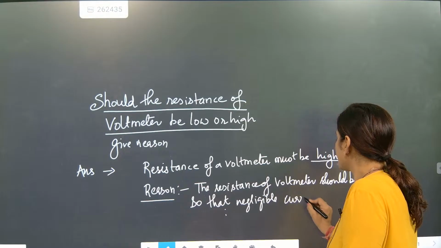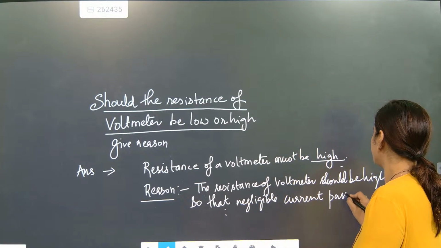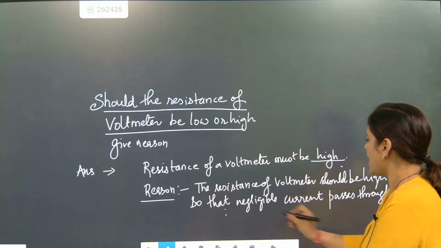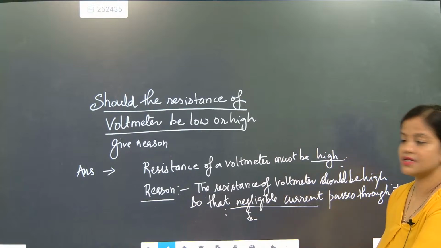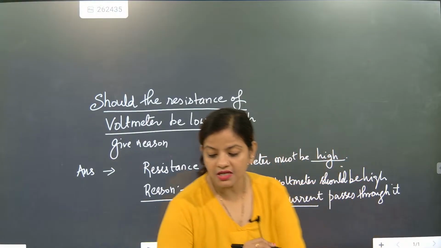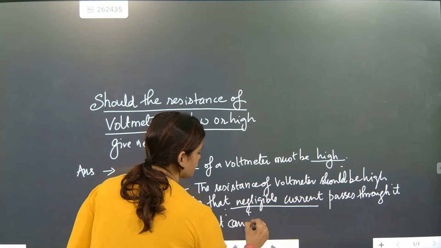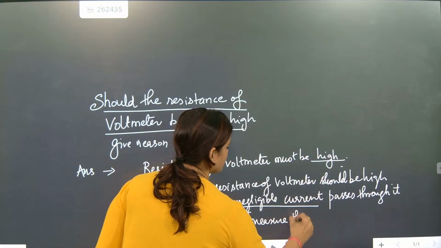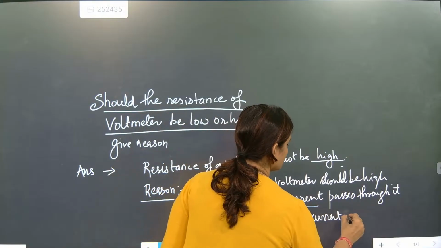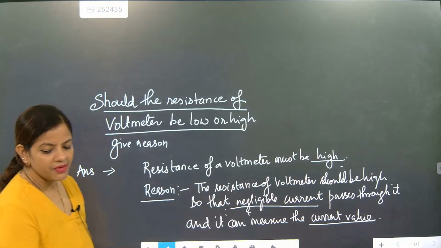I'll read your answer, beta. Now I'm going to underline negligible current. Negligible current passes through it and it can measure the current value. Negligible is very less amount.